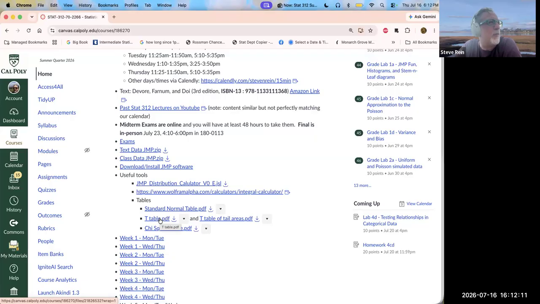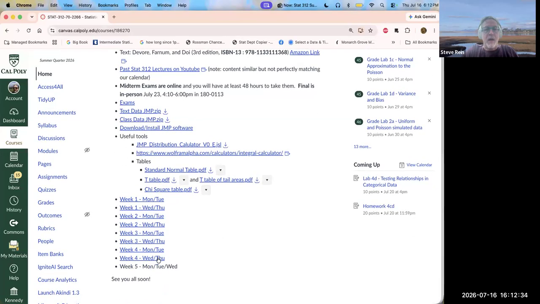So if I test you on table lookups, it'll be in the context of a t-table. But you will not have access to the JMP probability distribution calculator. It'll be on paper, and every analysis I want you to look at would be right there on paper in front of you. So I want to mention that.